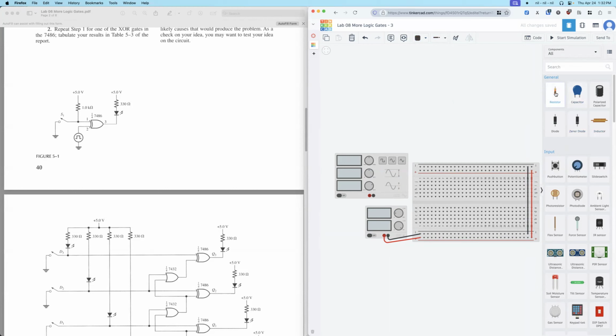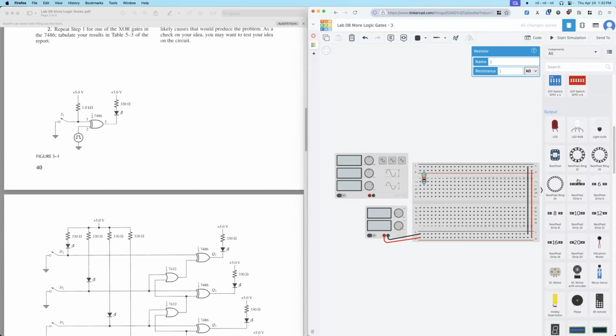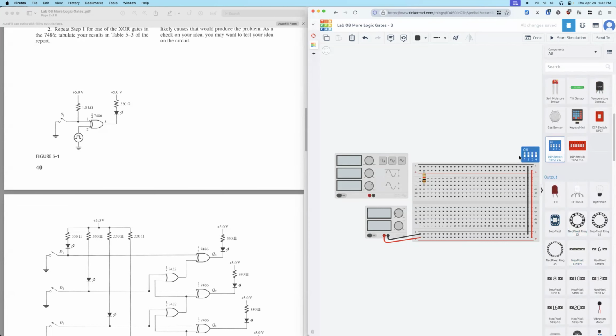Then LED, so no, resistor. So resistor is just 1 kilo ohm. So just need to put here. Then we need a switch. So switch, we can this now. Okay, so I use switch 1, then connect to the ground. Okay, yeah. So we finish input 1.